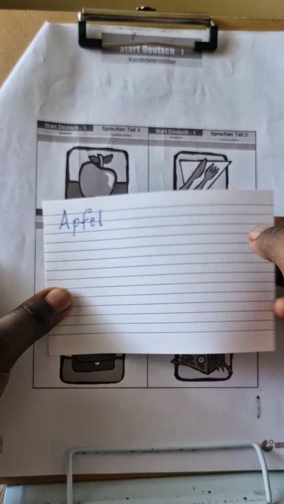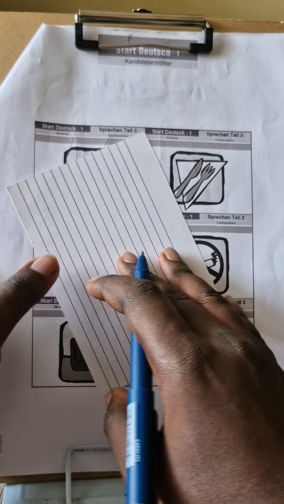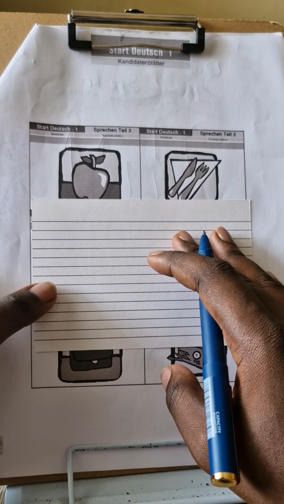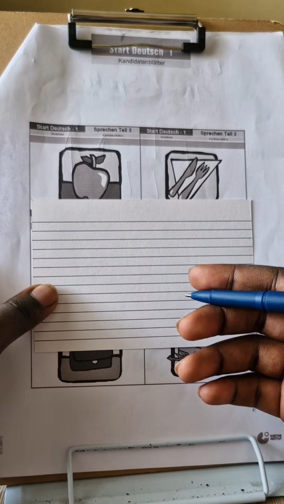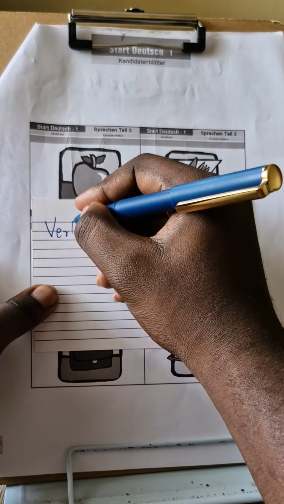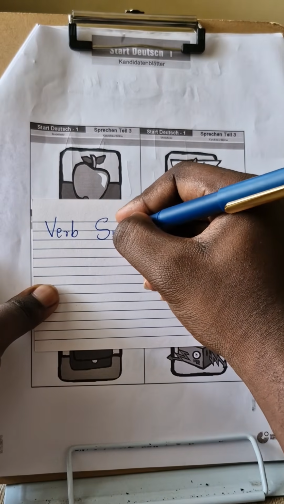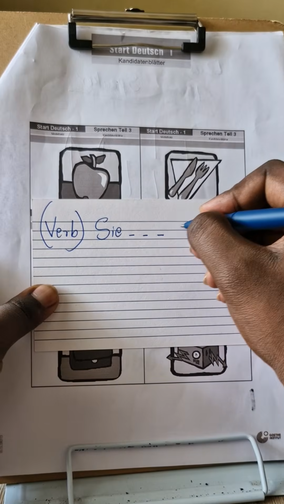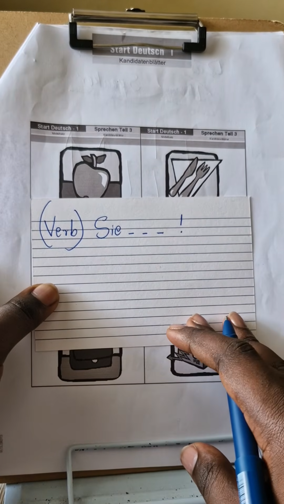Just before I proceed with giving you the names, remember when forming the request, you could either do it in the Sie form or du form. So if you're forming the request in the Sie form, what do you do? You begin with your verb, and then you follow with Sie, right? So this is when you're forming the request in the Sie form. Verb, Sie, and that's it.